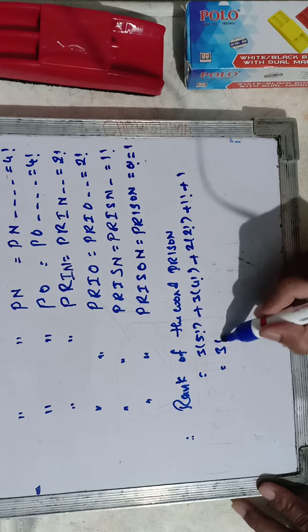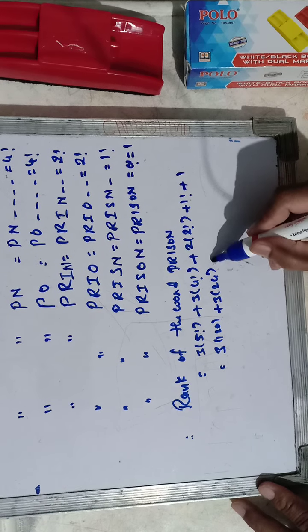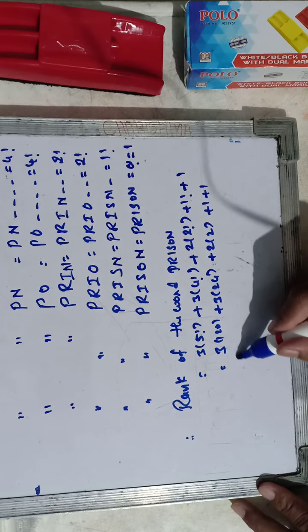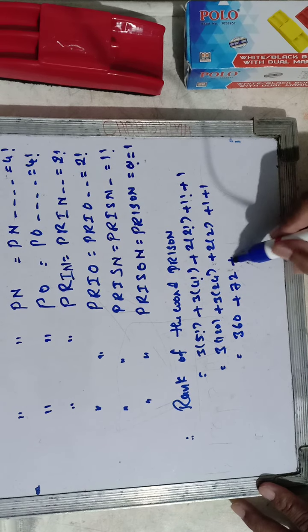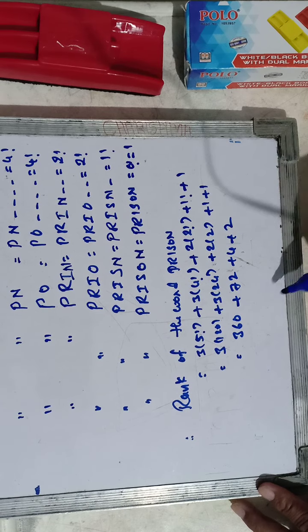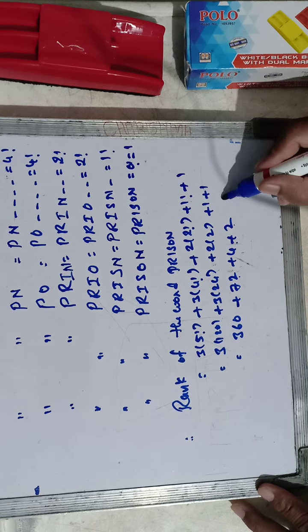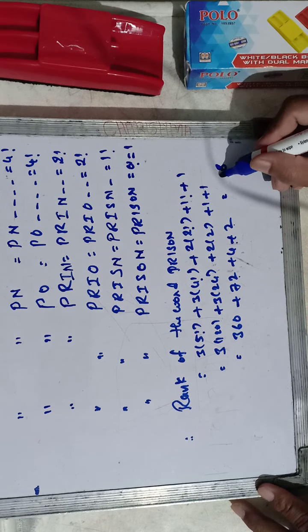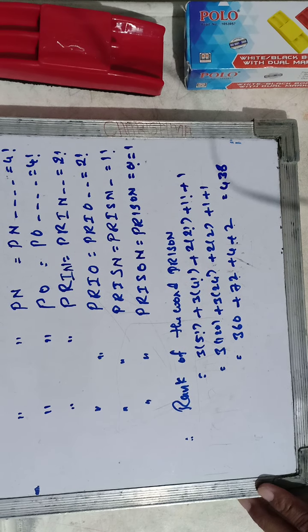So 3 into 120 plus 3 into 24 plus 2 into 2 plus 1 plus 1, which is 360 plus 72 plus 4 plus 2. Adding these, we get 438.